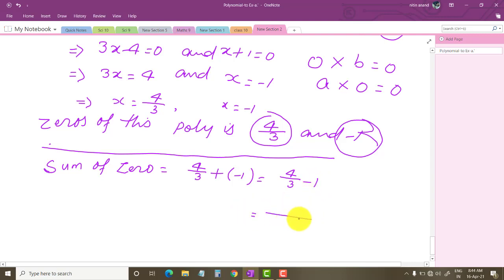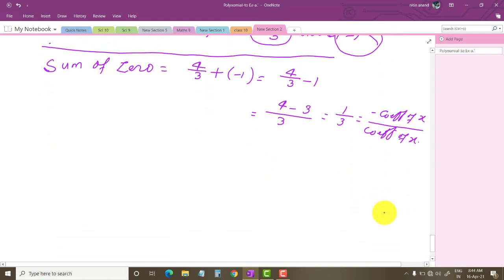Then take LCM as 3: 4 minus 3, this becomes 1 by 3. And we know this is the sum of zeros, that means minus coefficient of x divided by coefficient of x square. We can see in our question.